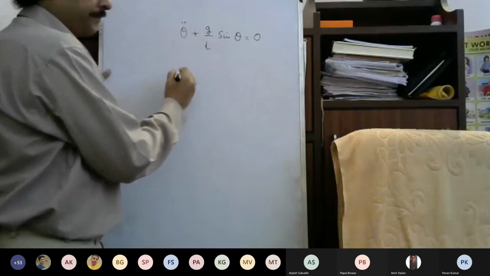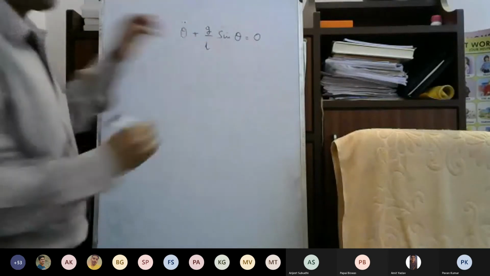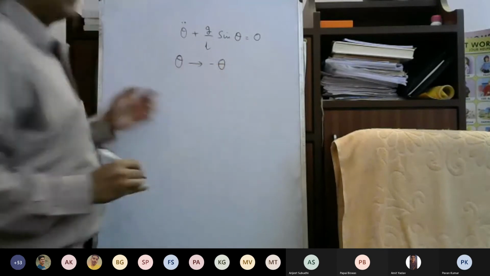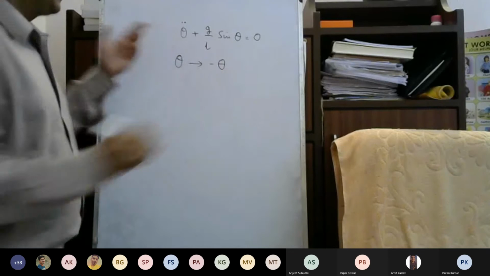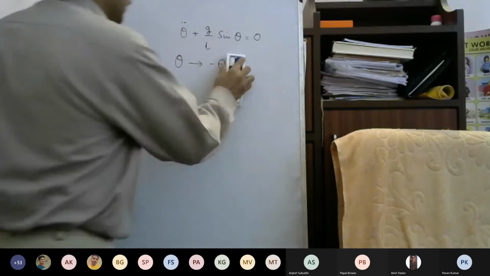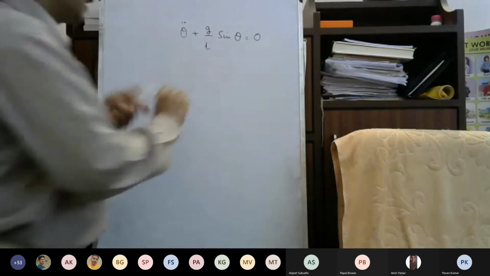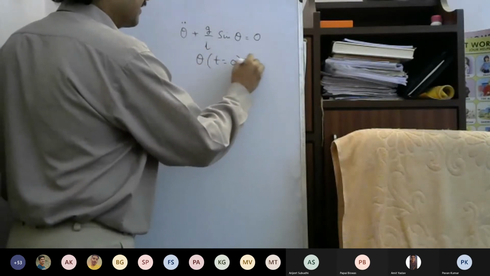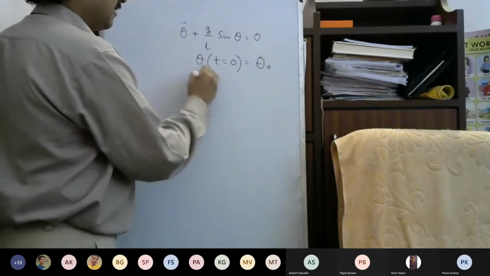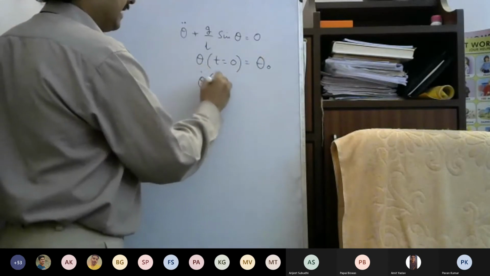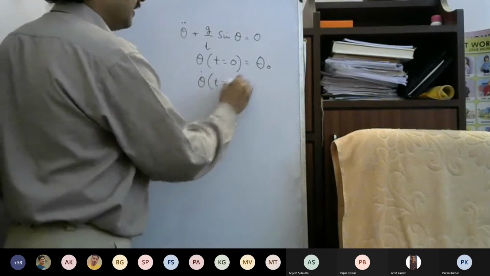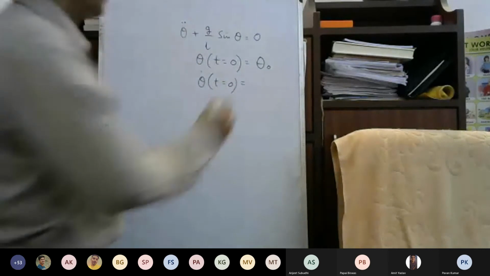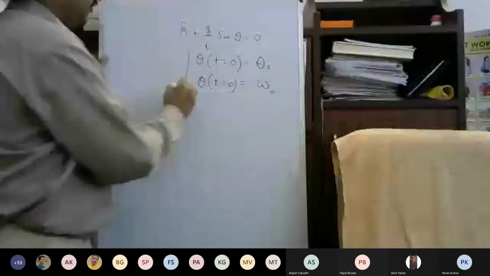One thing you see here is that there is a certain symmetry. If you change theta to minus theta... And of course, when I write down the differential equation, I should also give the initial conditions: at time t equal to 0, theta equal to theta naught, and theta dot equal to omega naught.